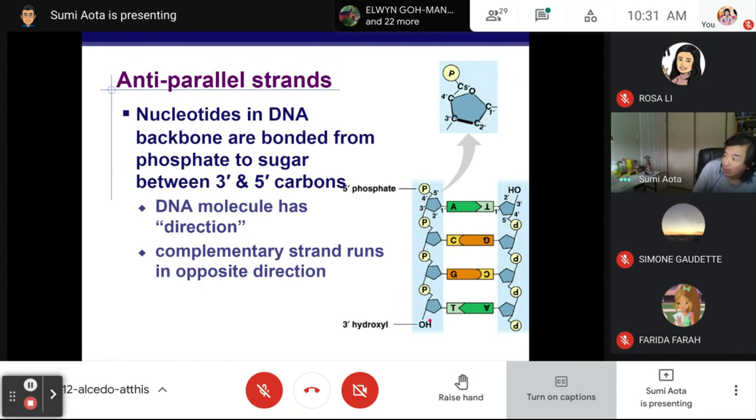In this one, the 3' is at the bottom, and on this side, 5' is at the bottom. So they're parallel to each other, but running in opposite directions. Therefore, they are anti-parallel. The best example I can think of is the Queensway. You have one section of the Queensway running east and the other side running west. They are parallel, but they run in opposite directions. The Queensway is anti-parallel.